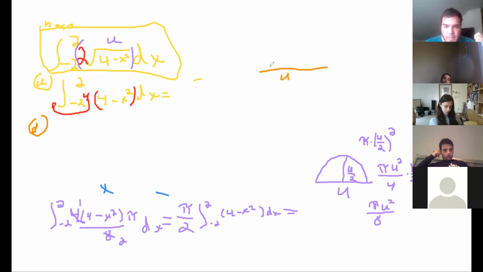So our base is u, and it's an isosceles triangle, which is a right triangle with the hypotenuse base. So this is going to be a right angle, and this is going to be 45, 45.